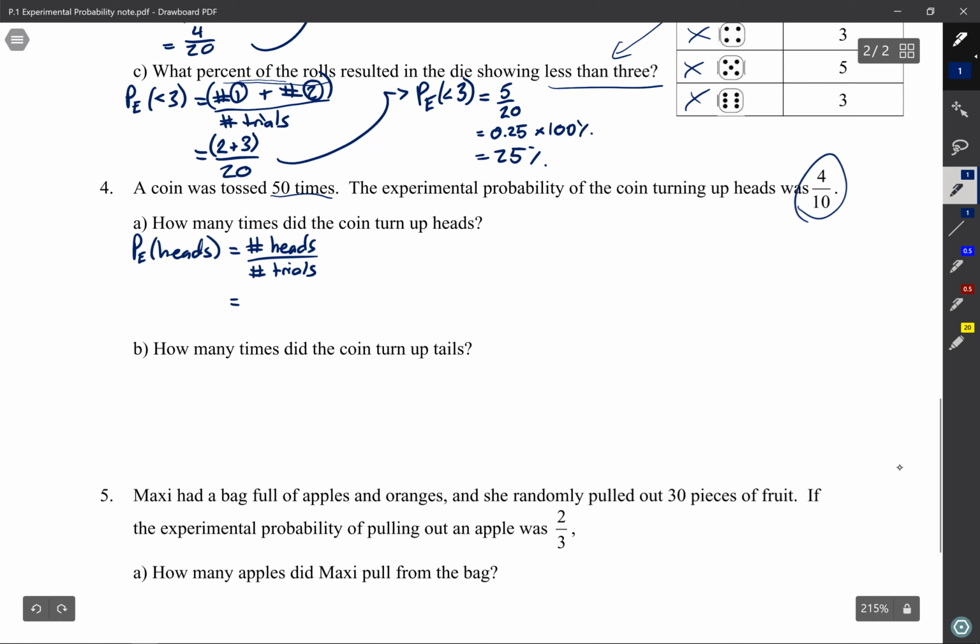Well, the number of heads is unknown. That's what we're trying to figure out. How many times did the coin turn up heads? We'll write that in as an X. And the number of trials we know is 50 times, so we're given that. Now the experimental probability of rolling heads, again, we're given that this time. It's 4 over 10.